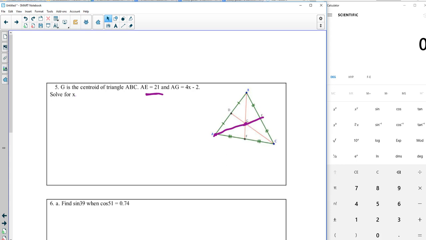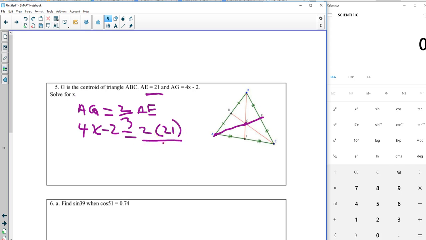So AG is equal to 2/3 of AE. Then 4x minus 2 is equal to 2 times 21 over 3. 21 divided by 3 is 7. 7 times 2 is 14.